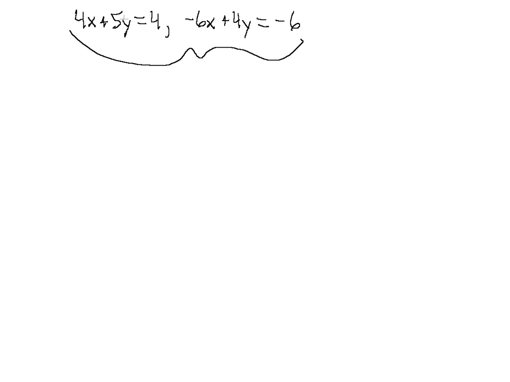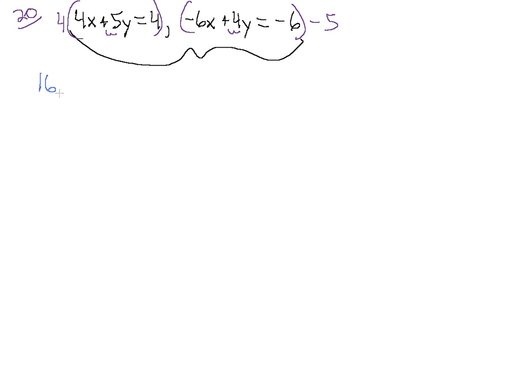If we look at our y coefficients, we have 5 and 4, which are factors of the common multiple 20. Only we're going to multiply one of them by a negative scalar. So let's multiply this first one by a positive 4, and this second one by a negative 5. That'll give us a positive 20y and a negative 20y over here, which will cancel in the next step.